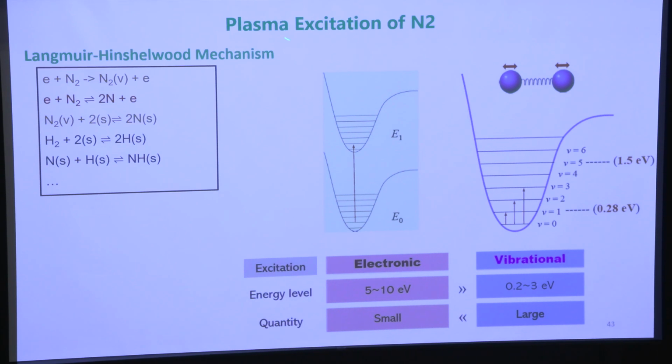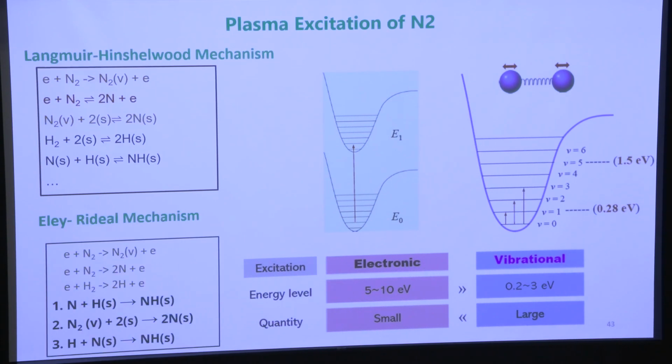So how can plasma do anything? In terms of ammonia synthesis, we talked about electron impact, vibrational excitation, dissociation, and then vibrational dissociation, and then this LH mechanism: the dissociated nitrogen and hydrogen on the surface become NH groups.